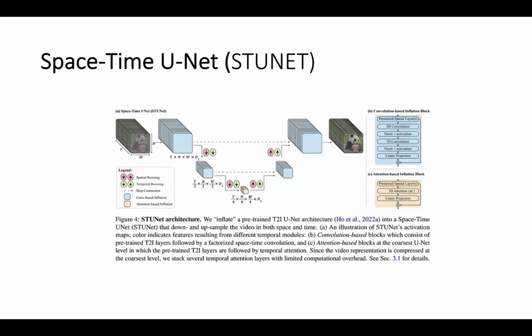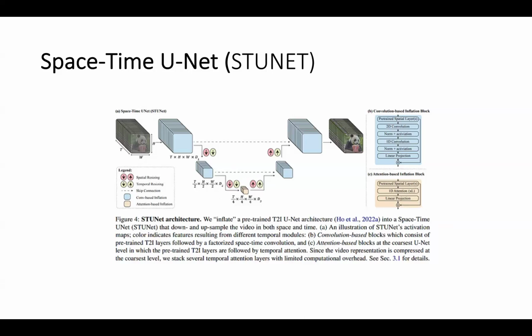So they have applied attention only on the bottleneck layer, not bottleneck, but on the low resolution part, the very high level features, I mean the very low level features, where they're trying to do attention.